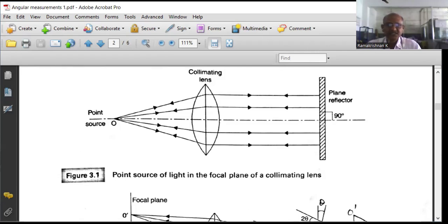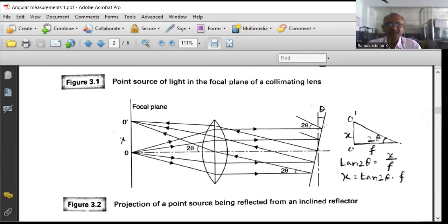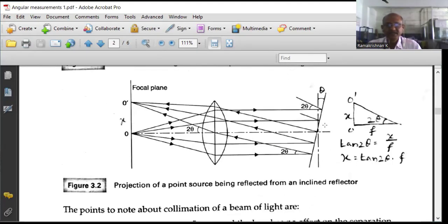Now for our consideration, if the plane reflector is tilted by a small angle theta to the vertical, the light rays after passing through the collimating lens strike the plane reflector and are reflected back, reaching the destination O dash.